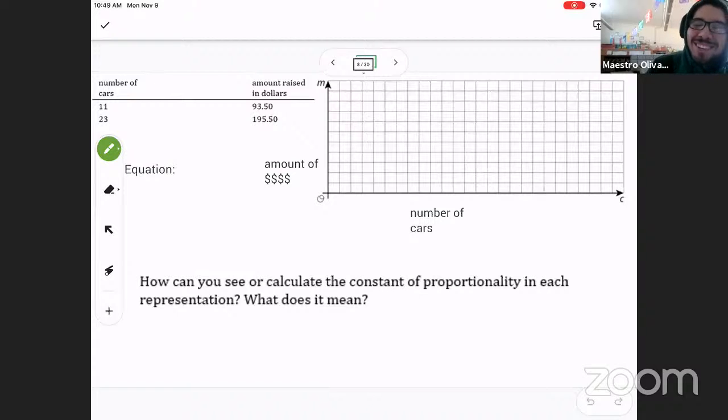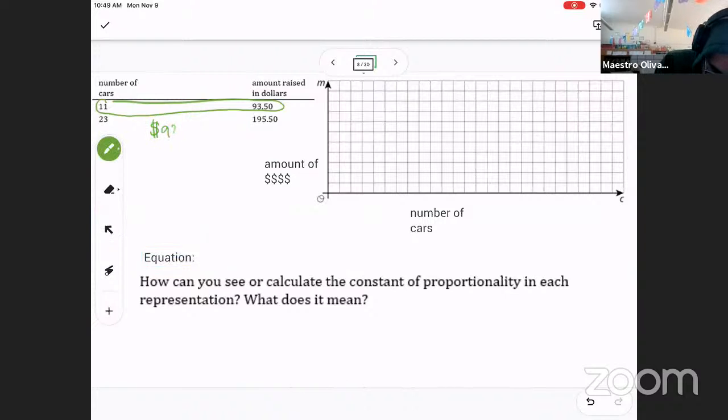All right. So according to Andres and Bricia, I'll take this one right here. Let me move this down here. $93.50 divided by 11 cars. And yeah, it looks like people are getting $8.50 per car.